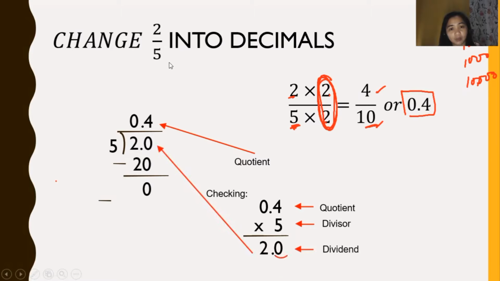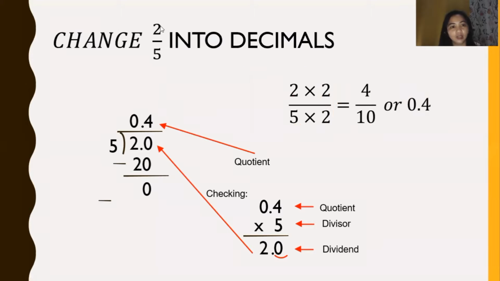So that will become 2.0. So parehas na ang ating dividend. So ito pa rin, 4 tenths pa rin ang sagot. So the decimal of 2/5 is 4 tenths. That is the decimal form of 2/5.